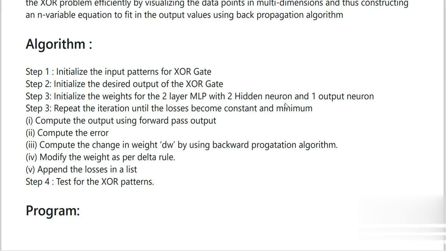Step 3 is to initialize the weights for the two-layer multilayer perceptron with two hidden neurons and one output neuron.